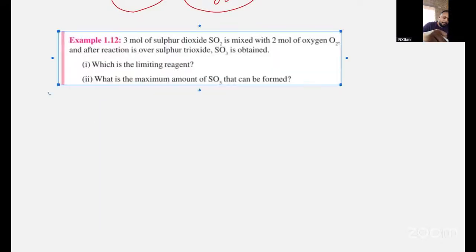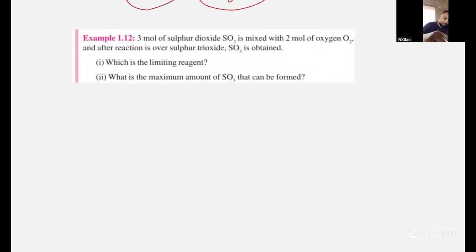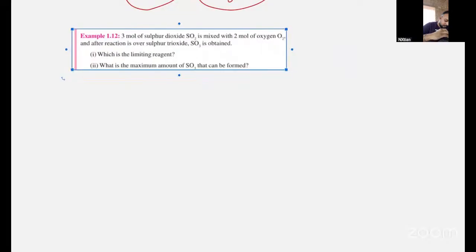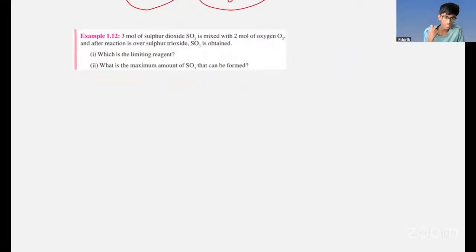We have this question. Can you read this question? 3 moles of sulfur dioxide SO2 is mixed with 2 moles of oxygen O2 and after reaction forms sulfur trioxide SO3. Which one is the limiting reagent? And what is the maximum SO3 that can be formed?